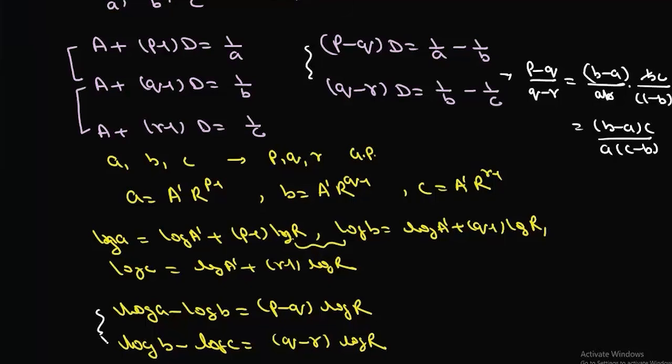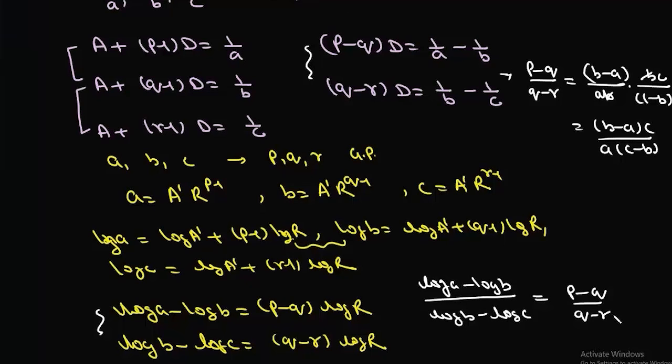And if we divide these two, we can write (log A minus log B) upon (log B minus log C) will be equal to (p minus q) upon (q minus r).